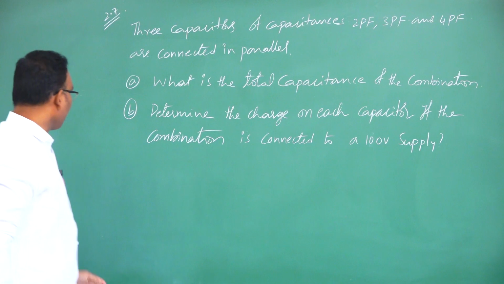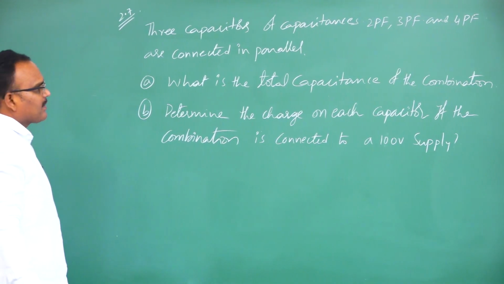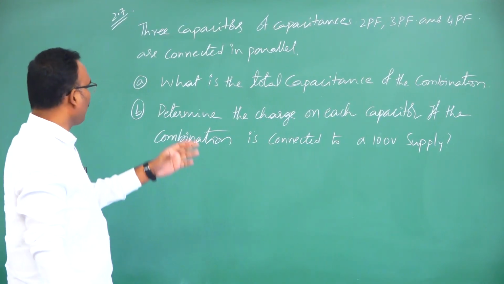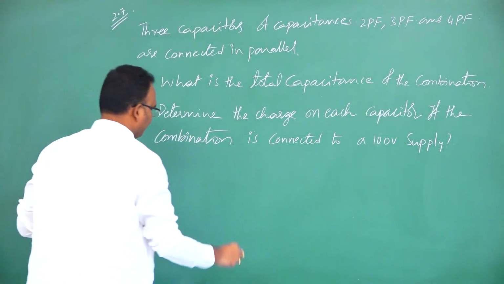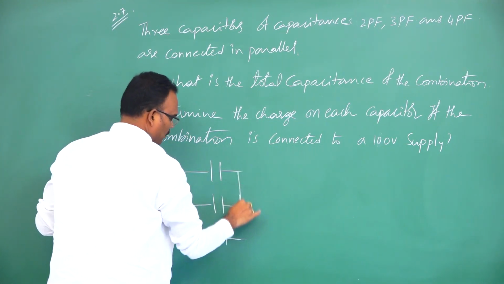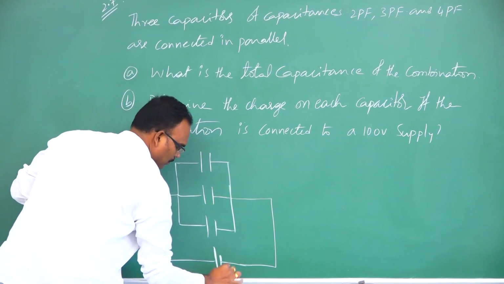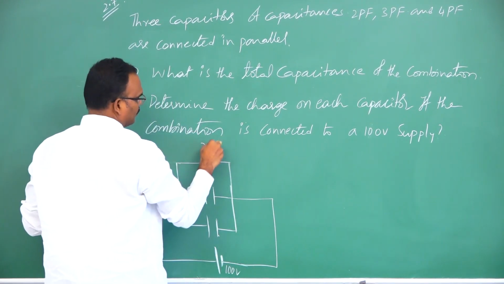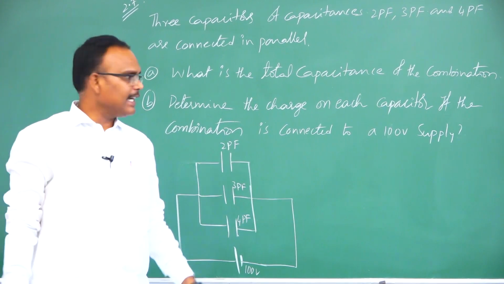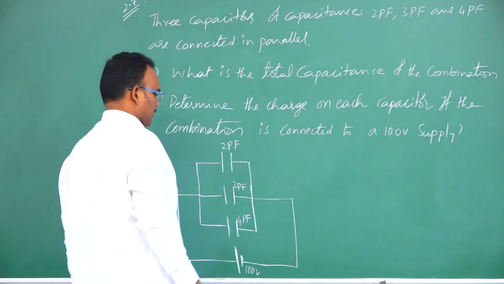Next problem, exercise 2.7. 3 capacitors of capacitance 2 picofarad, 3 picofarad and 4 picofarad are connected in parallel. Now we need to calculate what is the total capacitance of the combination.